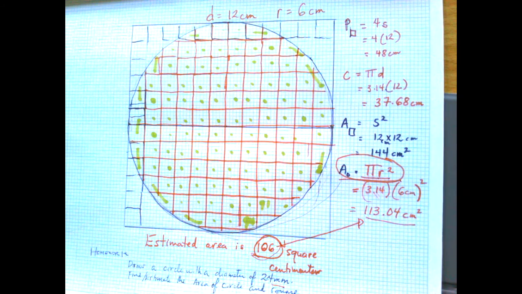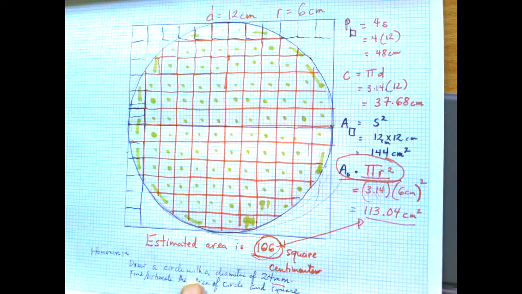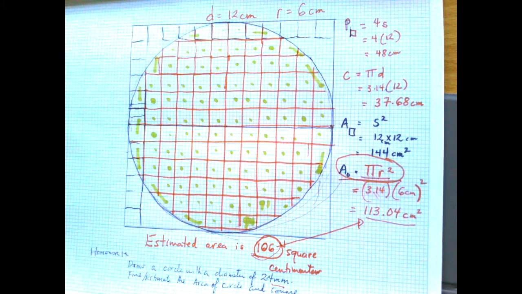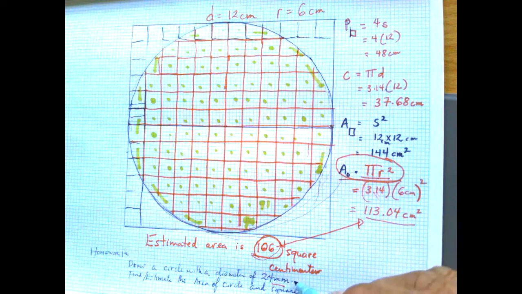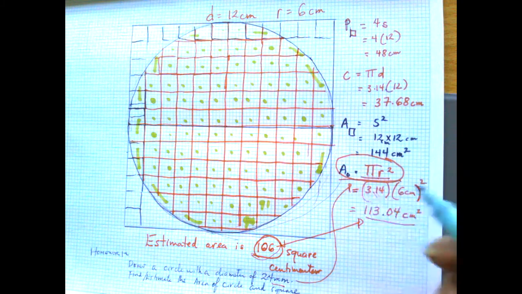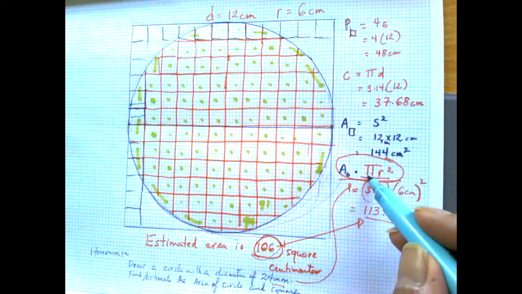And so I'll see you in the next video, and try out estimating the area of a circle with a diameter of 24 mm, and also calculating the area of the circle using the formula pi r squared.